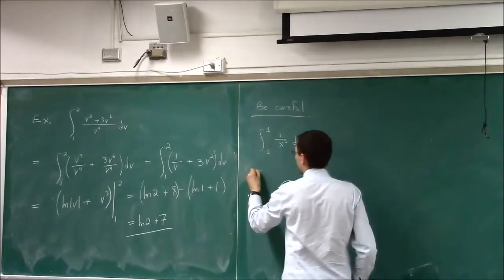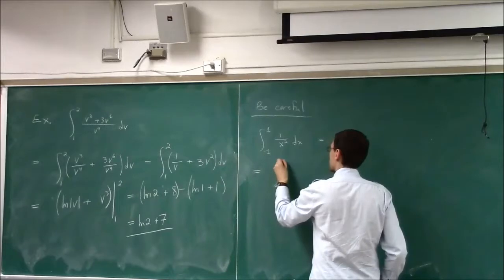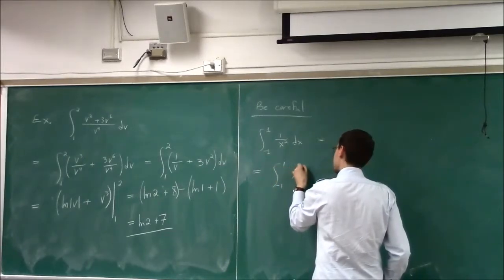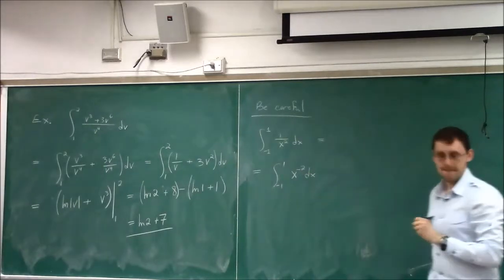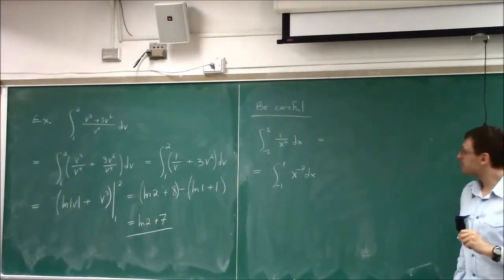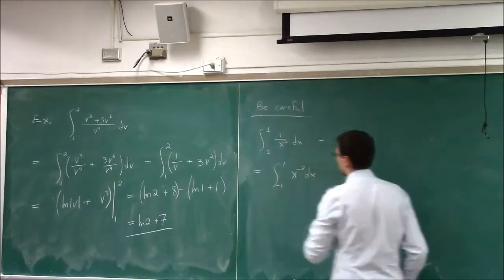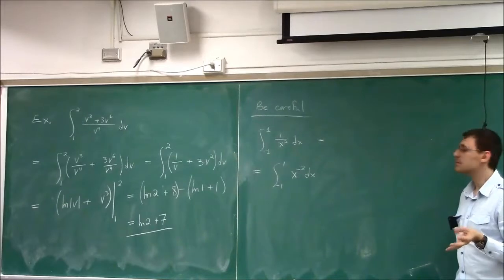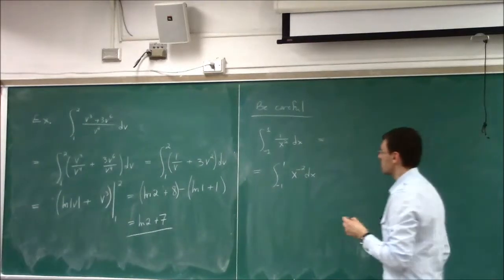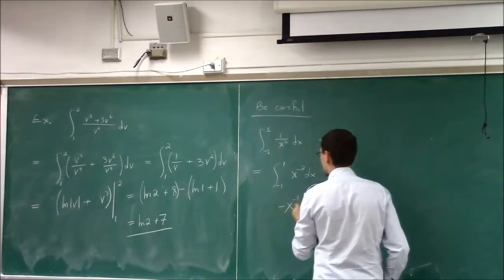So let's see, we have this procedure, right? So this is from minus 1 to 1, x to the minus 2 dx. Correct? And then what? What's the antiderivative of x to the minus 2? So that would be x to the minus 1 with a negative.